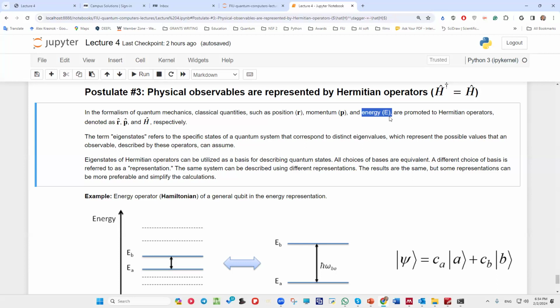The name is Hamiltonian. And this Hamiltonian is a very, very important thing in quantum theory.